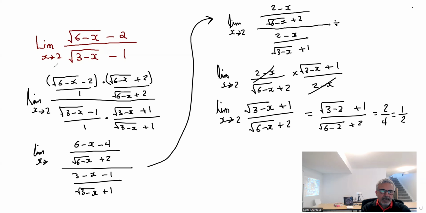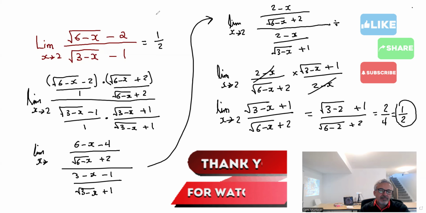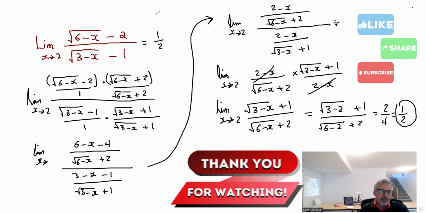Therefore the limit as x goes to 2 of (√(6 - x) - 2) over (√(3 - x) - 1) is 1/2. And that's it. You have successfully evaluated this limit.